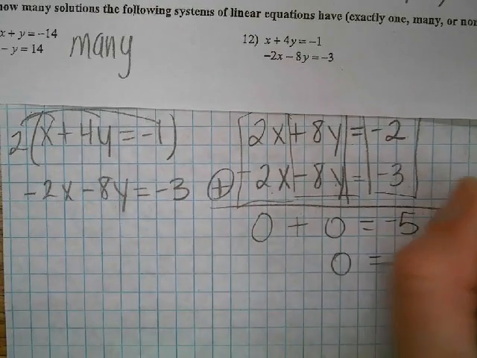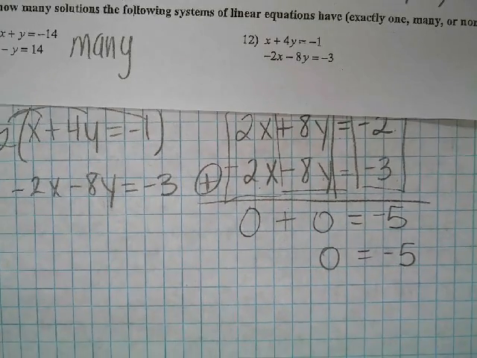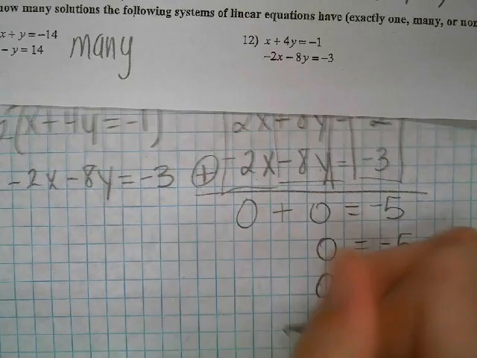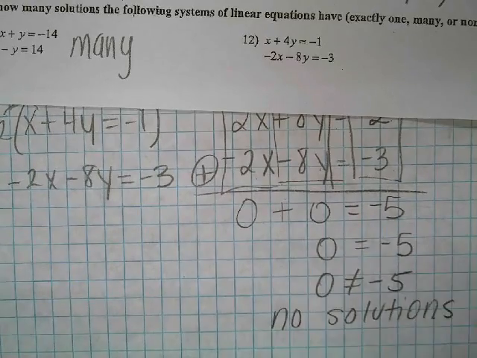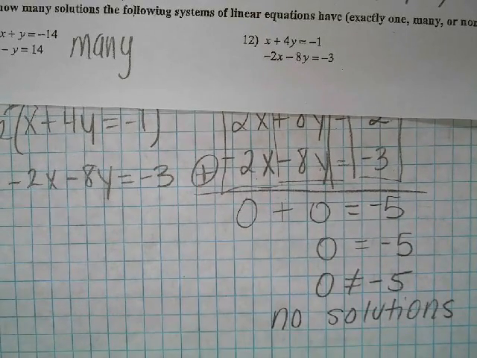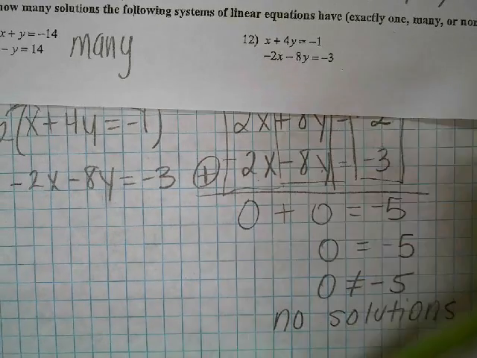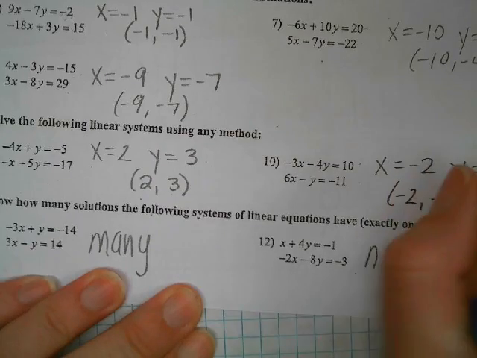So this simplifies to 0 equals negative 5, which is not true. 0 does not equal negative 5. So this actually has no solutions because it is not a true statement. 0 will never equal negative 5. So on your study guide, it says how many solutions does it have? One, many, or none? This will be none.